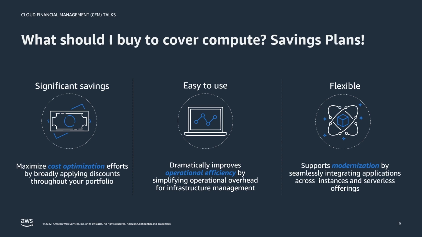AWS launches new product offerings and new things within the compute space all the time. So that flexibility of a compute savings plan gives you the ability to play around with those and not have to worry about your RI fleet or your savings fleet having to catch up, because that savings plan you're using does all that heavy lifting for you and shifts as you shift and grows as you grow.